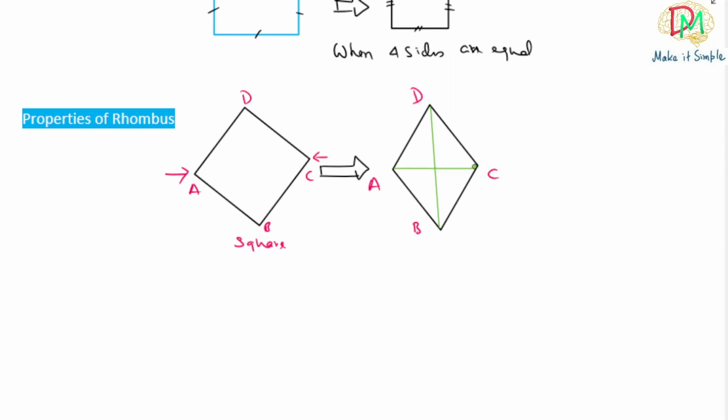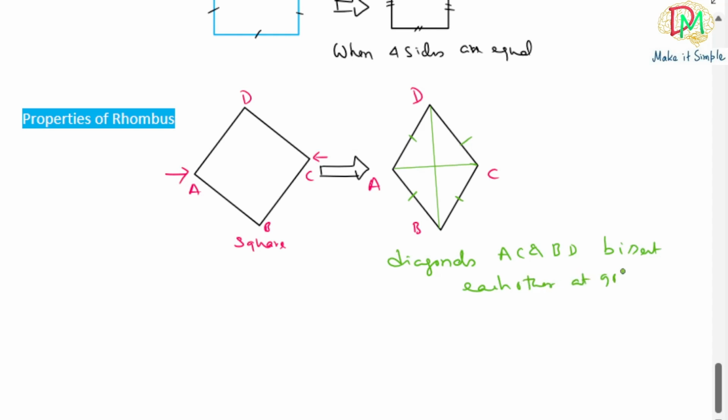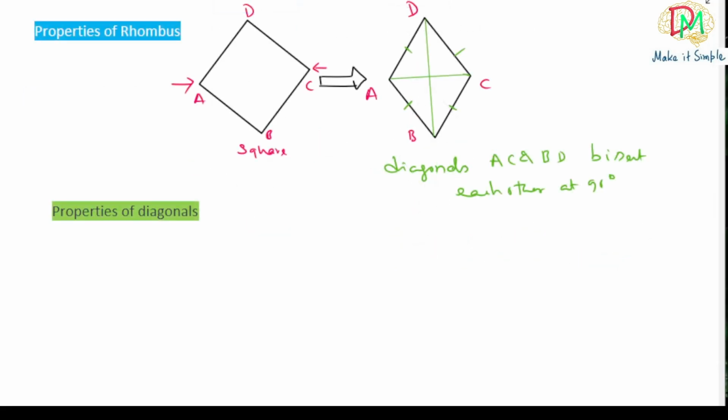It follows all the properties of a parallelogram, and also all sides are equal, and diagonals AC and BD bisect each other at 90 degrees. Clear?